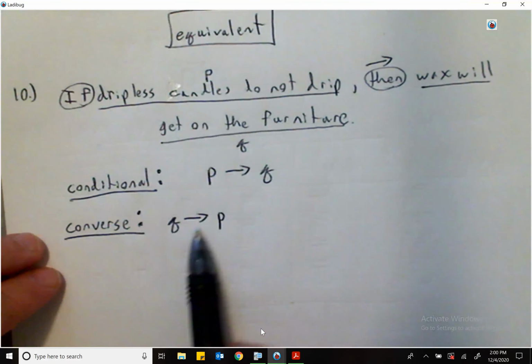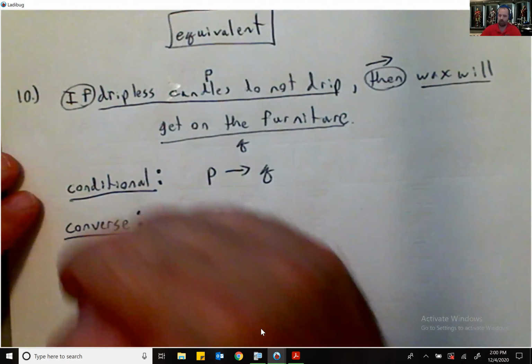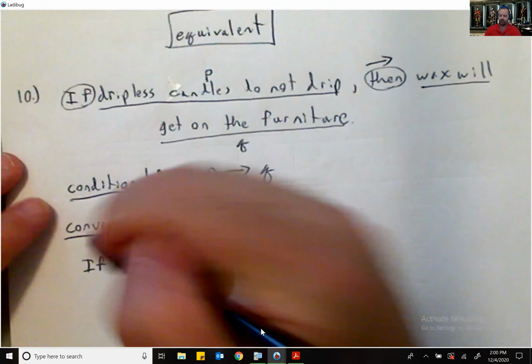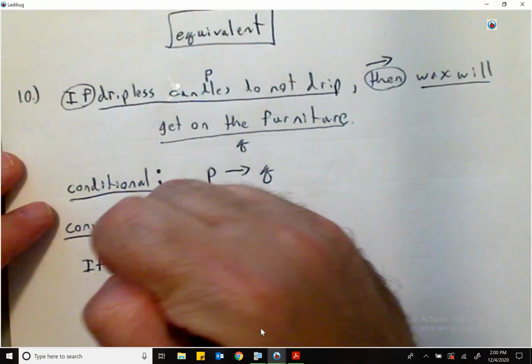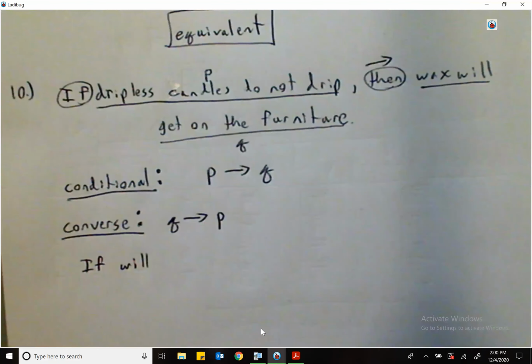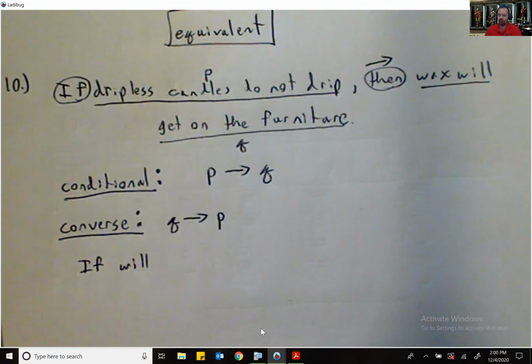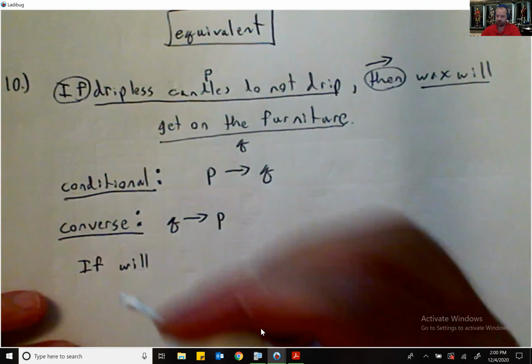What's the statement then going to be? If what? If wax will get on the furniture.